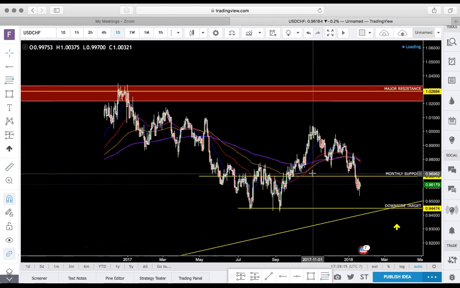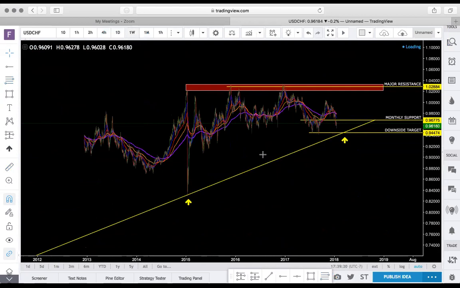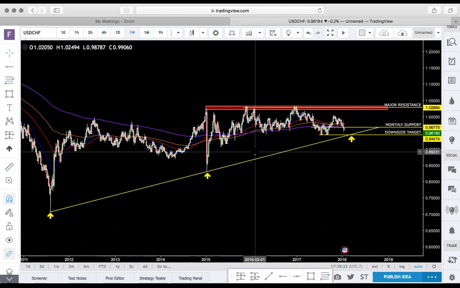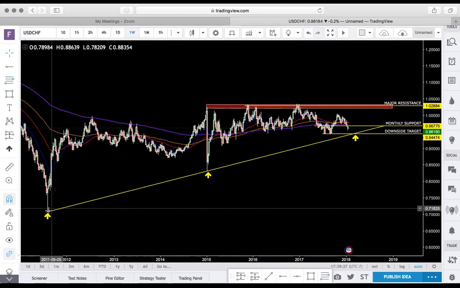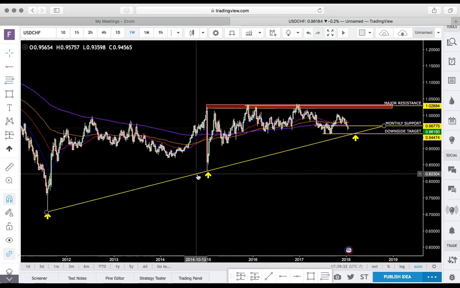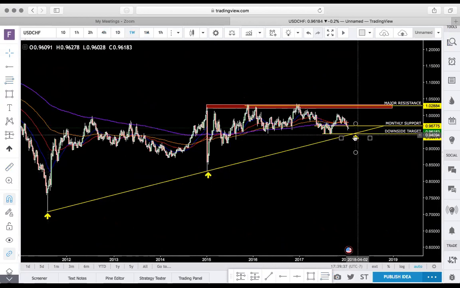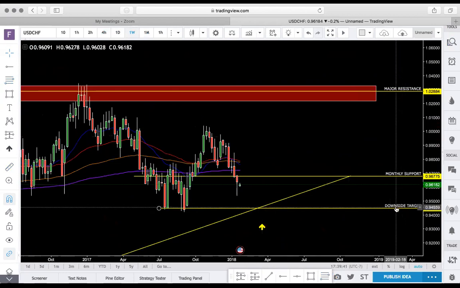And that ties in, if you zoom out, all the way out. In fact, look at a weekly. There you go. Now this one's really easy to chart. Switch over to the weekly, and you'll connect a pivot low from August of 2011 to the pivot low of January of 2015. And you can see that kind of lines up with the downside target on that.